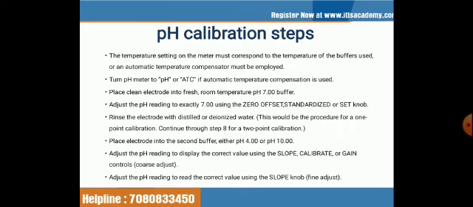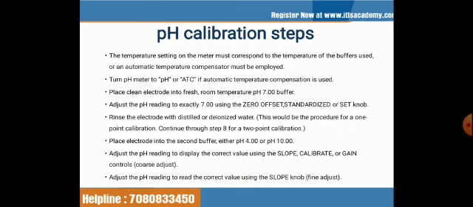Now at this time you have to set the slope reading. If you are getting the slope adjustment to an accurate 4, a minute difference is manageable. Suppose you are getting 4.05 or 4.10, up to 0.10, that should be okay for any pH meter.